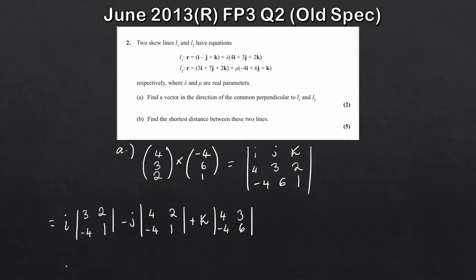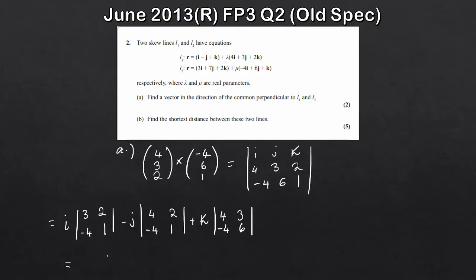Okay, working these out individually now, there's going to be i lots of 3 times, sorry, you've got to take your minus off here, so it's going to be 3 minus 8. So that's going to be 11, right? Hang on, have I made a mistake? Sorry, 3 minus 8.